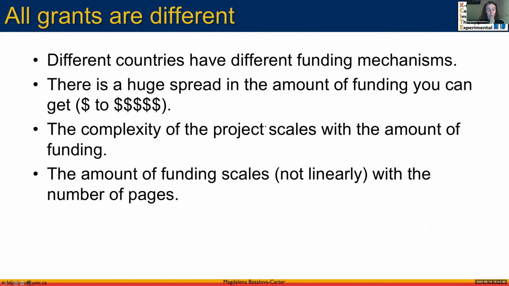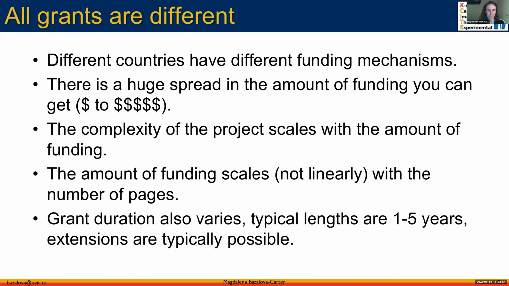The amount of funding also scales with the number of pages that are required to describe the proposal. Thankfully, this is not linear, because if you're applying for hundreds of millions of dollars, you don't want to be writing hundreds of pages, but you might end up with hundreds of pages in the end anyway. And the grant duration also varies. Typical lengths are 1 to 5 years, but they can be shorter and they can be longer.